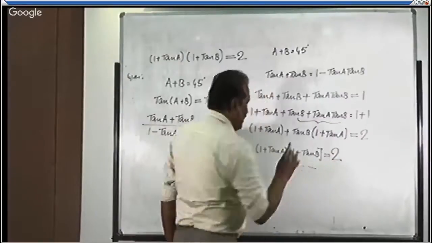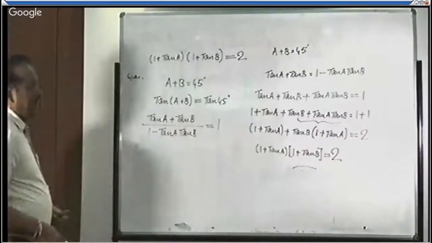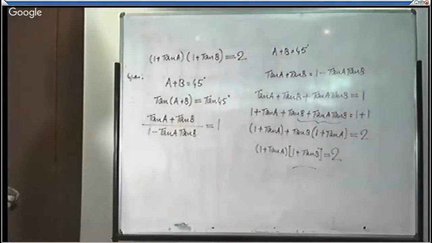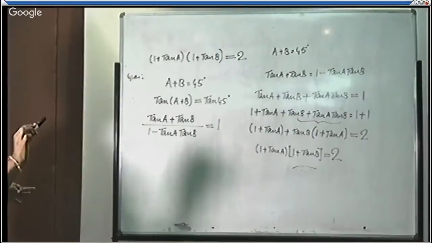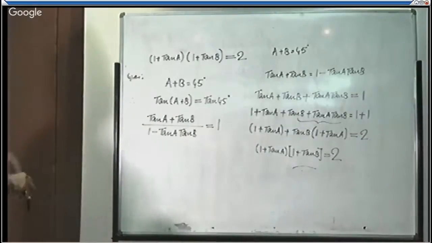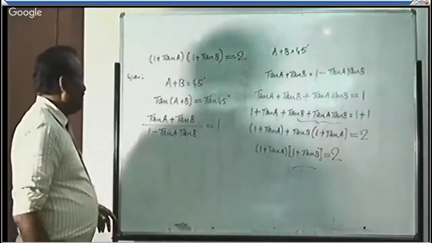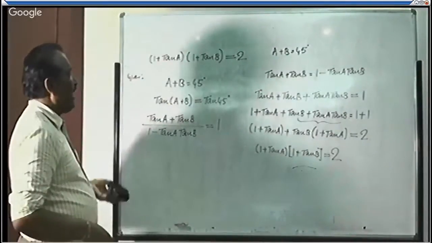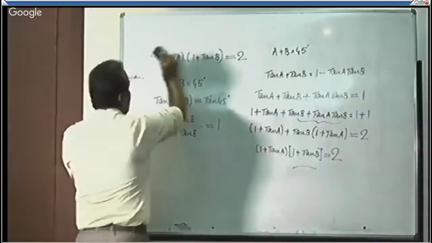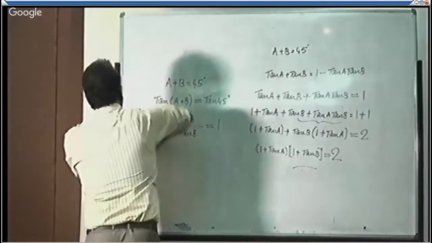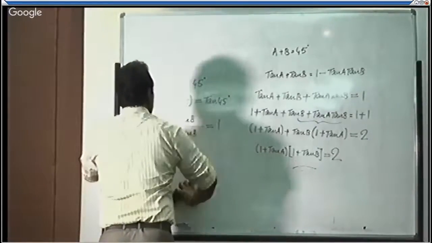Thus, we prove that 1 plus tan A into 1 plus tan B is equal to 2. So, in this way, simply by applying common sense, what is given, what is required, and by knowing these basic concepts, you have to get the required answer.